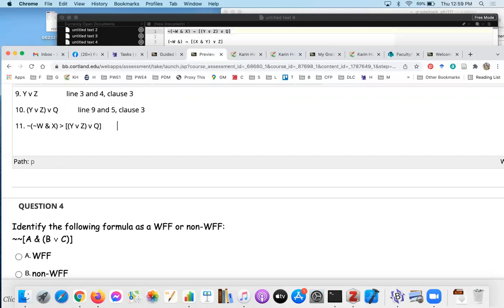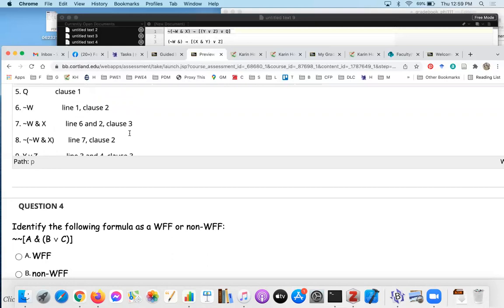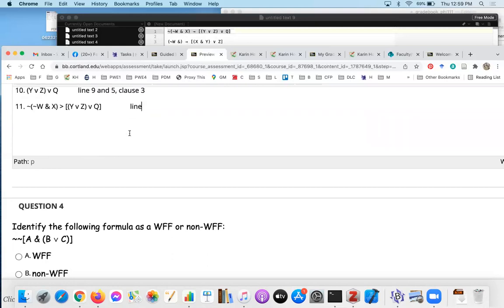And that is based on line, that was line 8 and 10, clause 3. One thing about the line numbers here, I don't care.